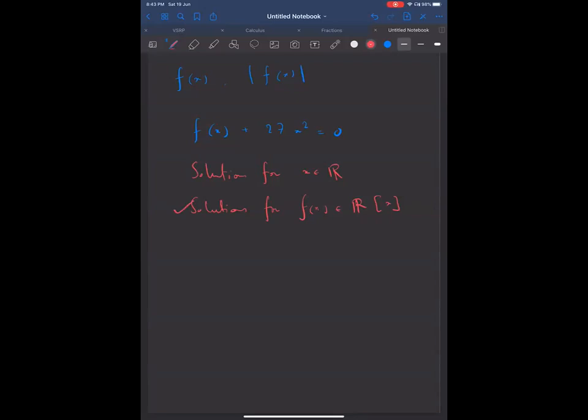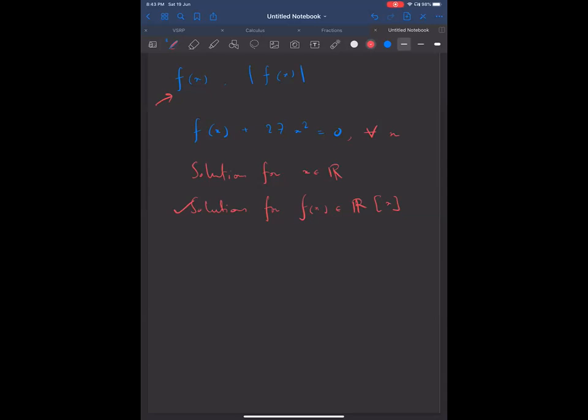So I think it is meant to be that f(x) + 27x² = 0 for all x. If f(x) is a polynomial satisfying this, and also the above condition that f(x) and mod f(x) both are polynomials, then what can you say about the polynomial f(x)? Can you give me a particular solution of f(x) or a class of solutions?